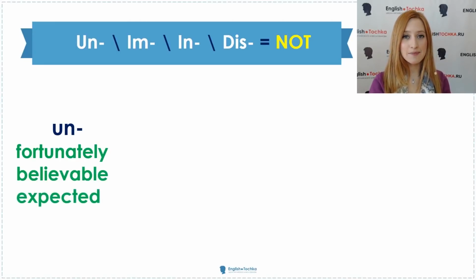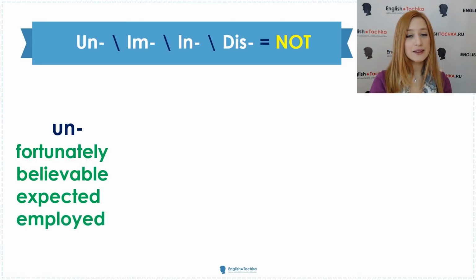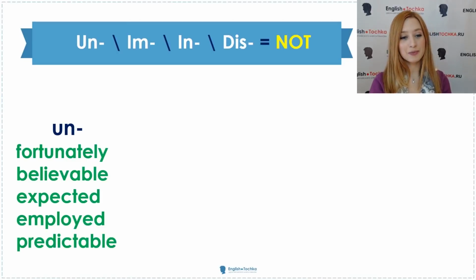Expected: when we expect something, and when we don't expect that, it can be unexpected, like a surprise. Employed, unemployed. If we are unemployed, it means we don't have a job. Predictable and unpredictable: when we do some crazy things and no one can say what's next, then we are unpredictable.